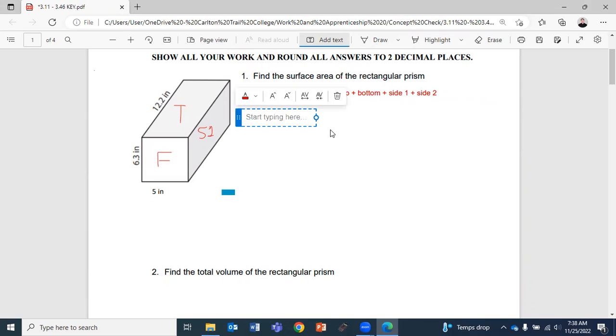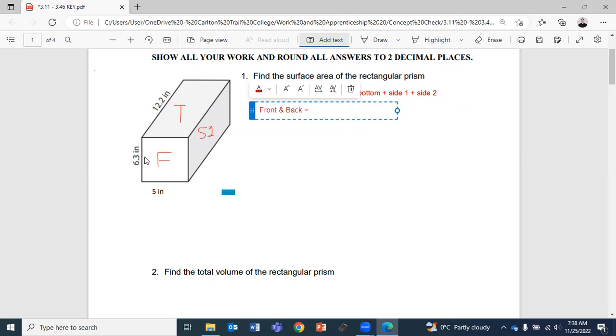So the surface area of my front and back, because these are going to be the same, is 6.3 inches times 5 inches, right? So length times width, I'm measuring area, just two things.